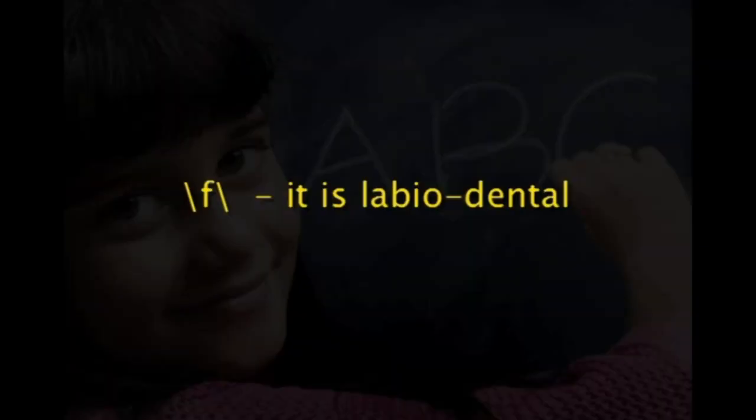The languages that we speak might share a set of symbols, a set of speech sounds, with other languages, like the English sound f. If we pronounce the English sound f, it is labiodental. The lower teeth touch the upper lip.